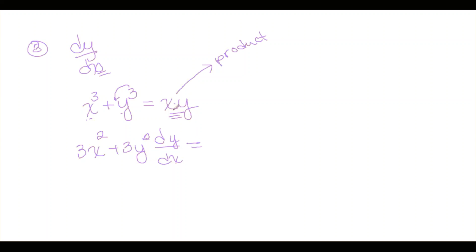Now, what's the product rule? It says that you take the derivative of each one and add them. So in this case, I'll take the derivative and I'll get 1y, because the derivative of x is just 1.